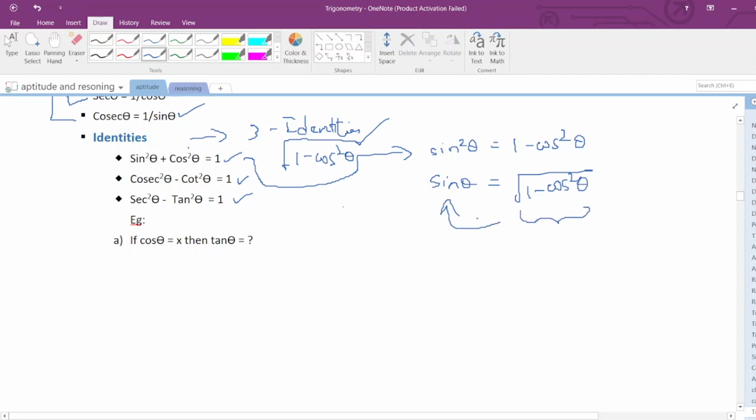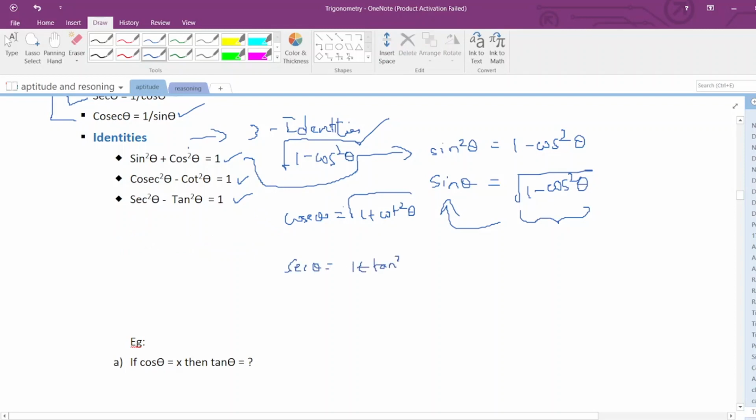In the same way, I can say cosecant theta is equal to root over 1 plus cot square theta. In the same way, secant theta is equal to root over 1 plus tan square theta. Or else I can derive tan theta also.